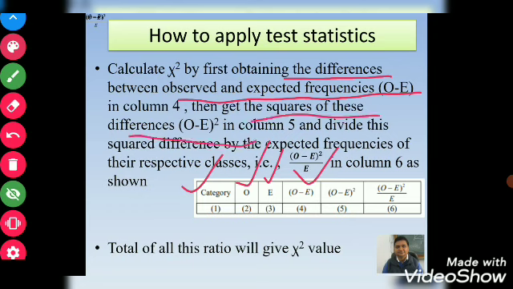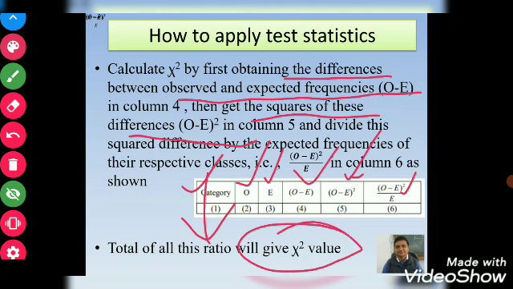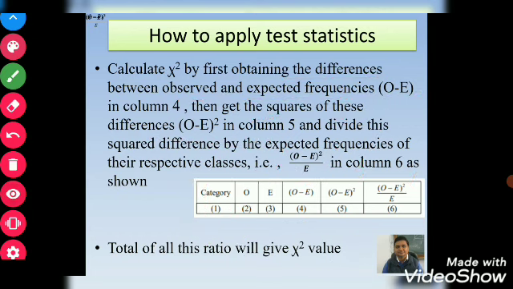In the sixth column, you divide the squared difference by the expected frequency of that particular class. If you sum it for all the categories, you will get the chi-square value. I hope you understood that.